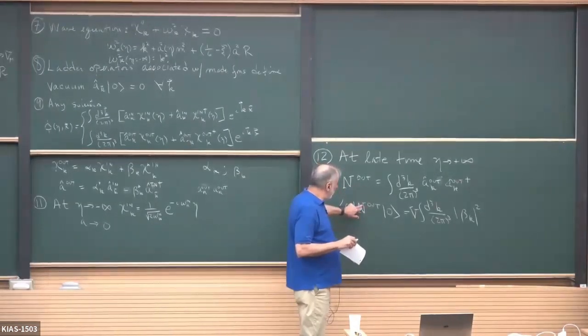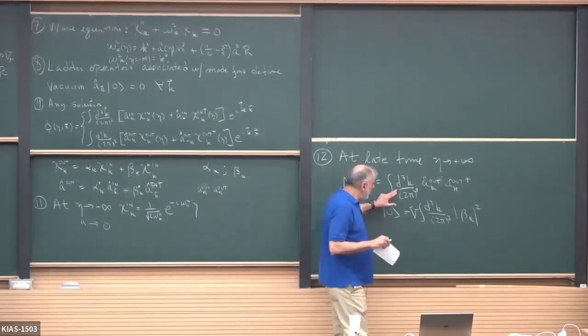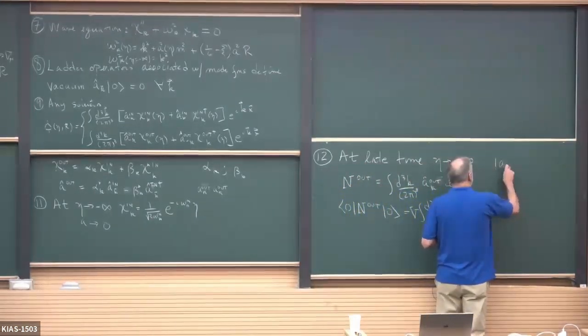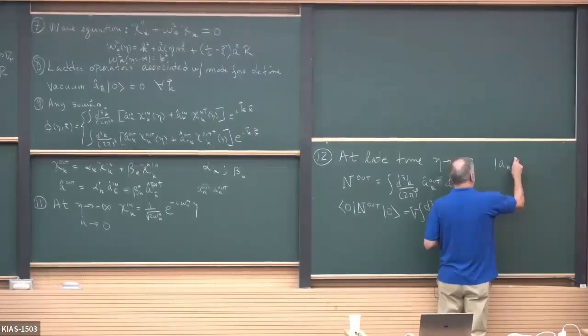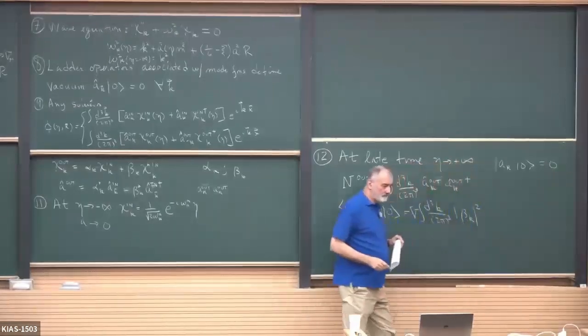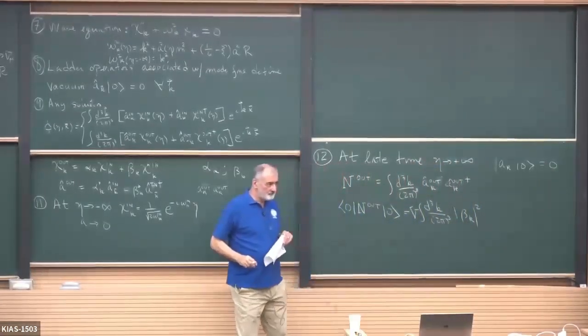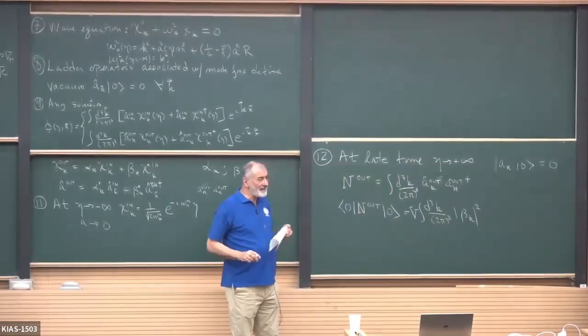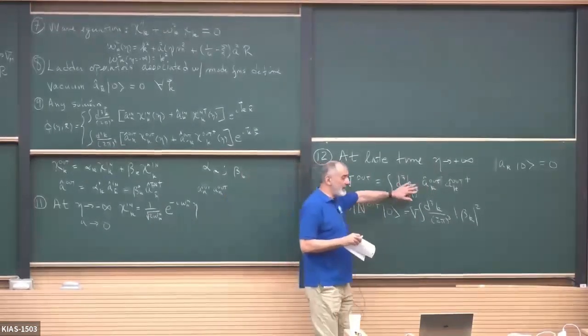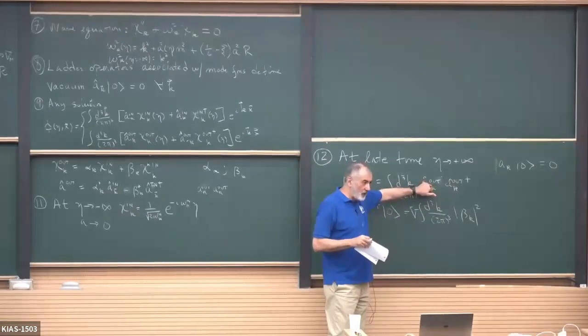So when I do AK dagger of the vacuum, that's equal to 0. Okay? So AK dagger creates a particle, and then AK will destroy it.